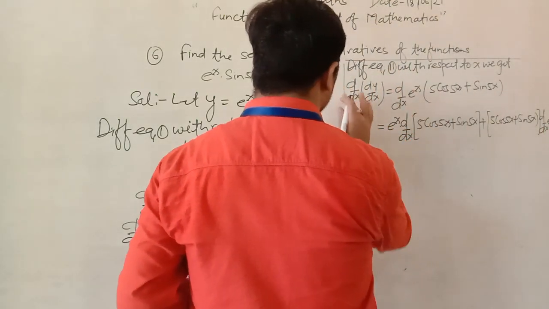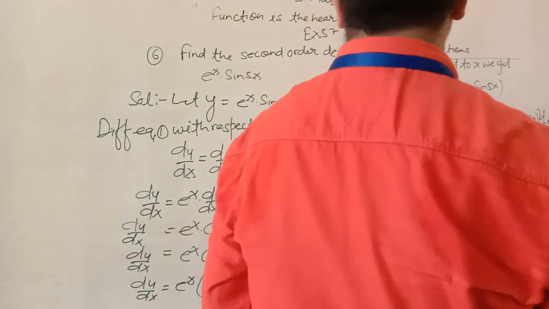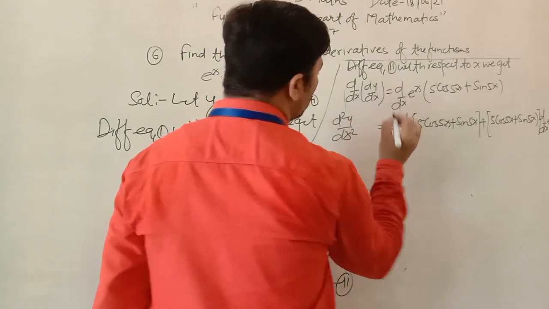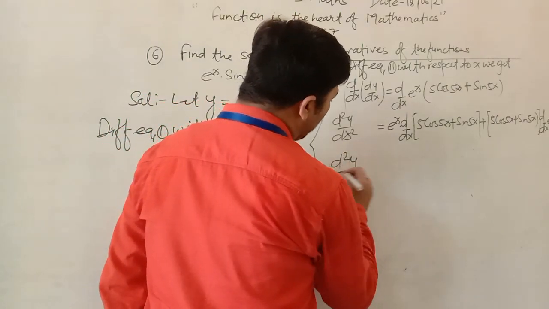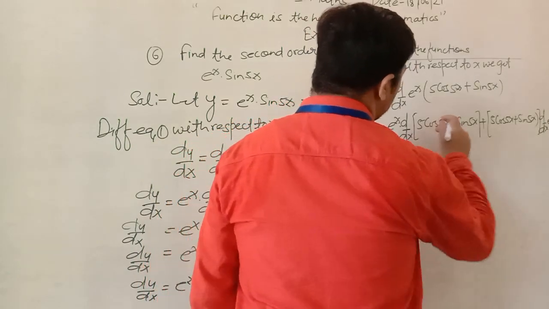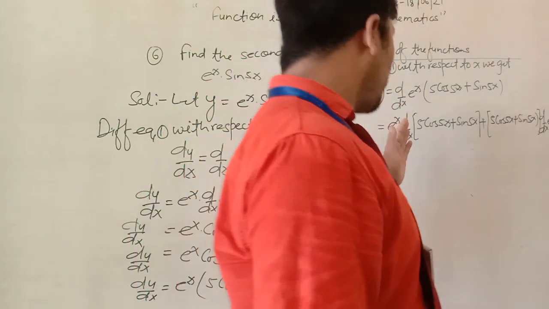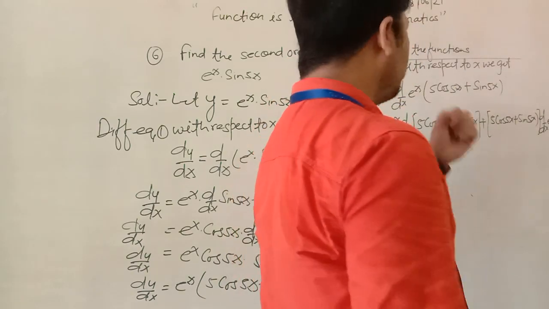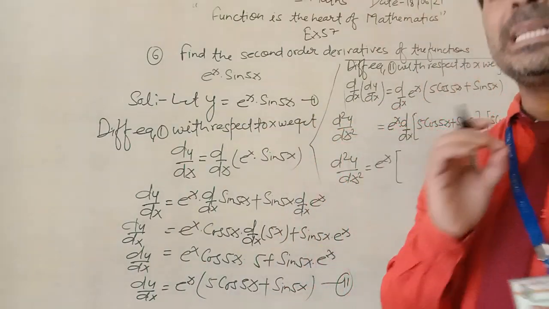Here on the LHS, d by dx of dy upon dx gives you d2y upon dx2. It is the second order derivative. So the value of d2y upon dx2 is equal to e to the power x. You know that d by dx of 5 into cos 5x, 5 is the constant, and d by dx of cos x gives you minus sin x.